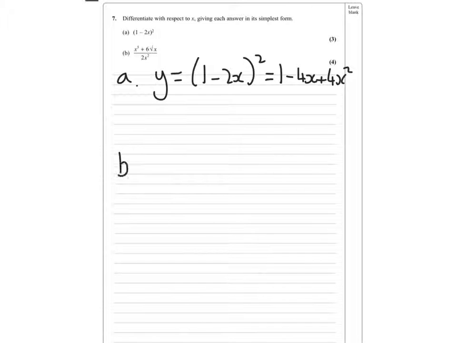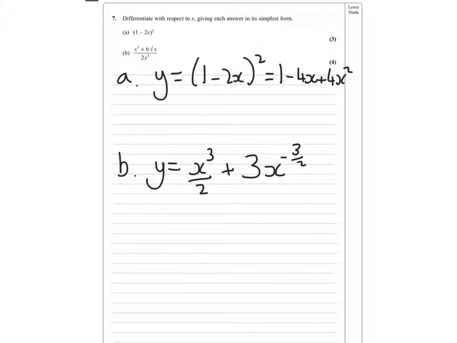With part B, likewise we need to simplify, so you're actually going to get y equals, x to the power 5 divided by 2x squared is going to be x to the power 3 over 2. Now we're going to have 3, and then we're going to have x to the power minus 3 over 2, because you've got x to the power half on the top divided by x squared.